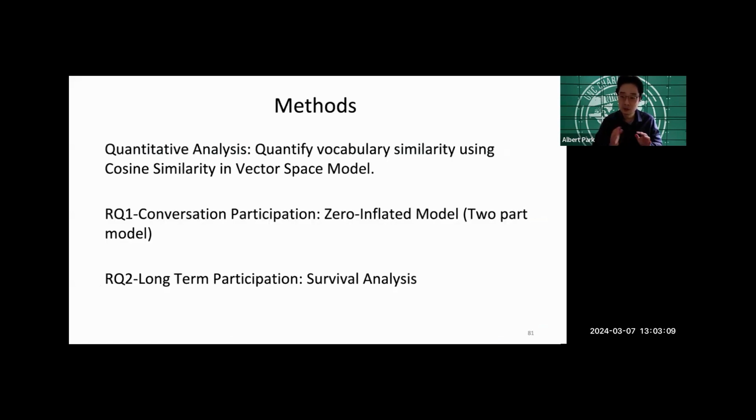To measure the homophily of words between original posts and first replies, I first quantified vocabulary similarity scores by calculating the cosine scores in a vector space model. Then I used 2 statistical models to answer the research questions. For the conversation participation question, I used a zero-inflated model, also known as a 2-part model. And for long-term participation, I used survival analysis.